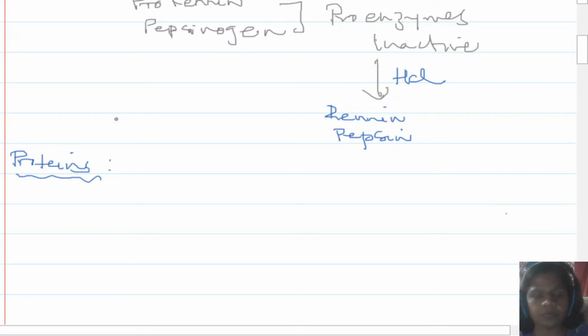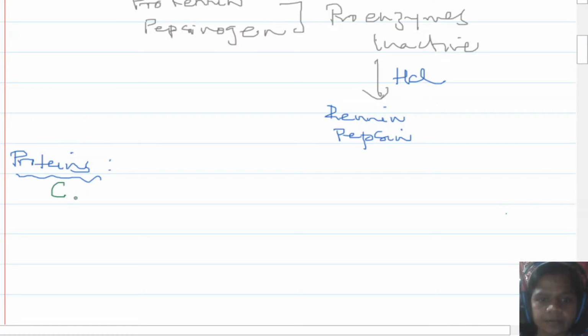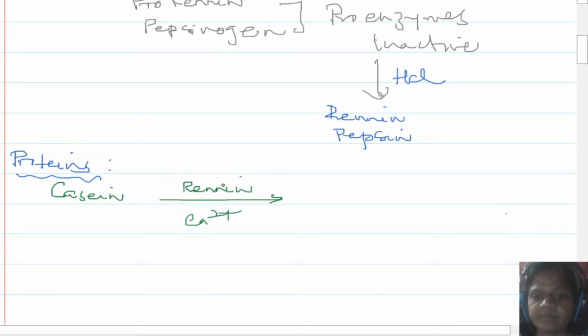So let's see what happens. In kids, in children, they drink a lot of milk, right? The protein present in the milk is casein. So casein is acted upon by renin in the presence of calcium. Remember the spelling, people. There's two N's in this renin.